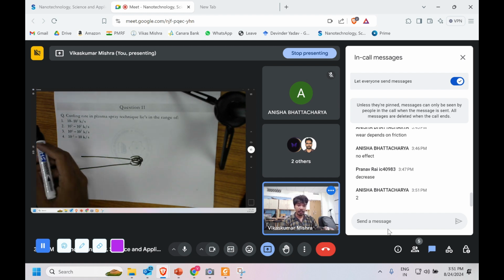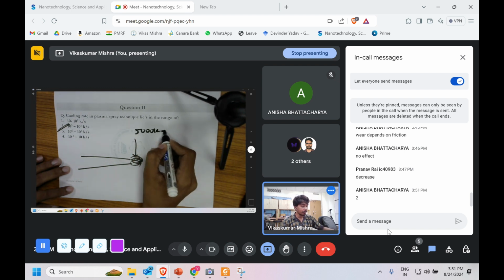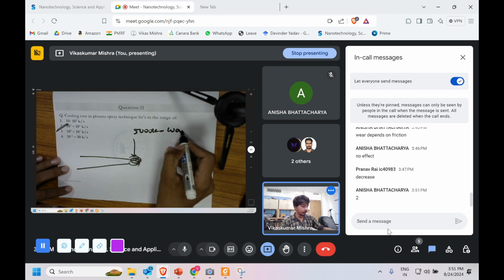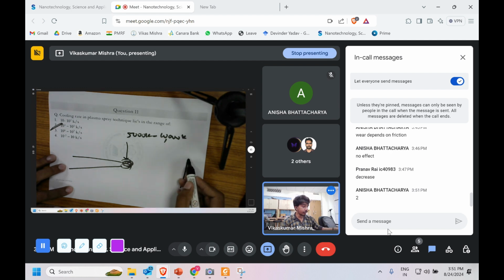So option 2 is the correct answer, Nisa, right? Here it is generating the plasma which is at quite a high temperature, something like 5000 Kelvin to 10,000 Kelvin, and from there it is going towards the substrate. The material is already in the liquid form over here, and now it will deposit on the surface.